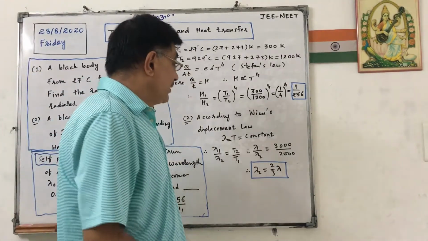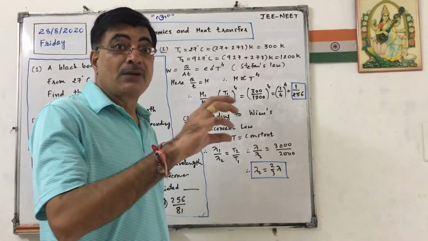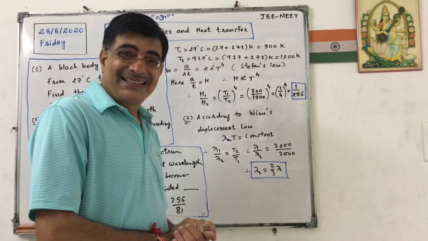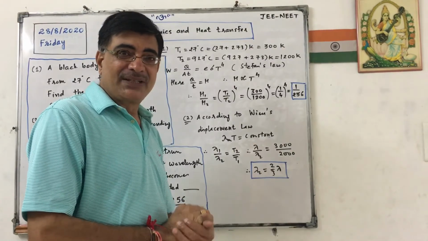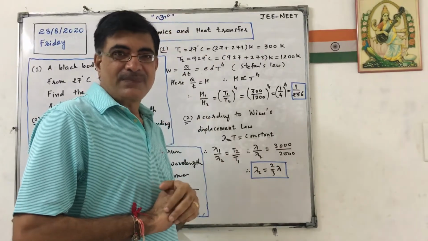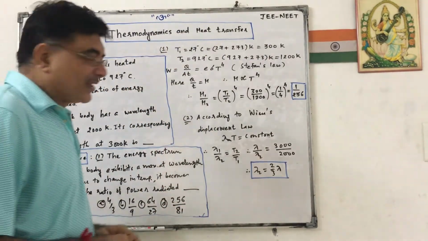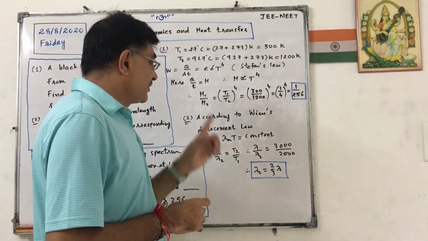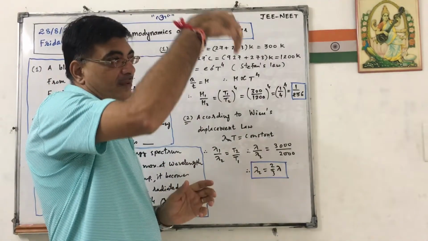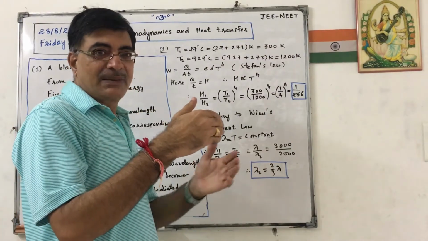We know that there is Wien's displacement law, for the wavelength at which we get maximum emission. If you remember the graph, as T increases, lambda decreases.